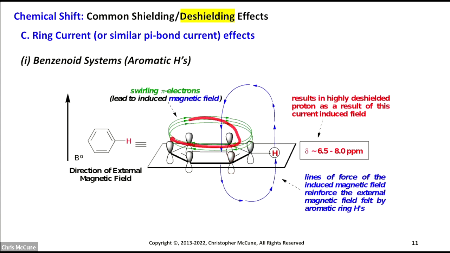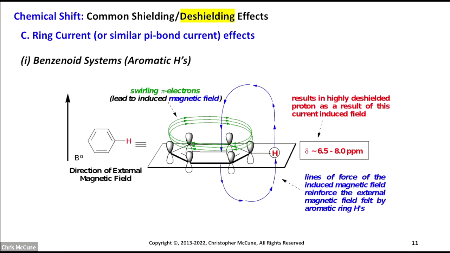And so what it starts to do is these pi electrons begin to swirl. So I call them swirling pi electrons. And what that does is it leads to its own induced magnetic field, okay? And that induced magnetic field can either oppose the external direction or it can actually reinforce it.